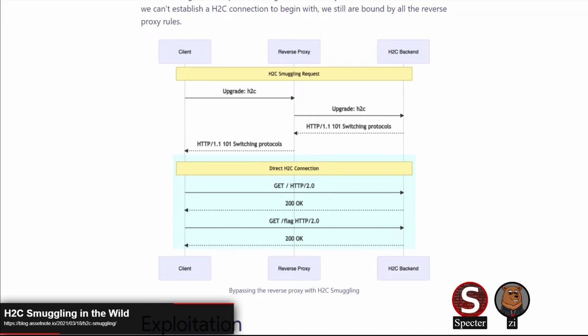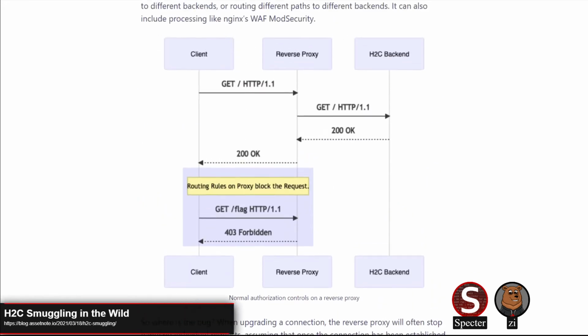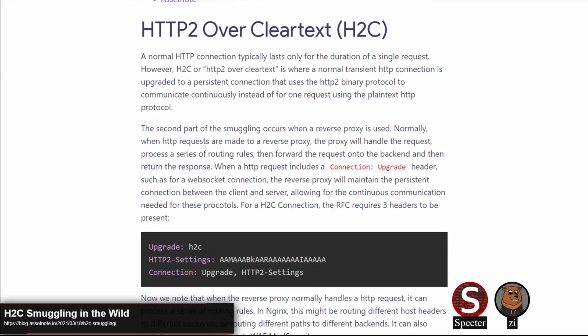To try to prevent that, reverse proxies like AWS load balancers, Apache Traffic Server, Nginx, and some others, those are the ones they call out, will try to prevent the forwarding of those compliant upgrade requests. In order to upgrade a connection to HTTP2, you have to send a header that asks for an upgrade and specifies an HTTP2 settings field. That's outlined by the specification, that you have to provide that.